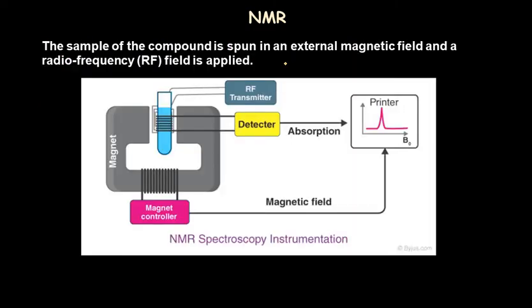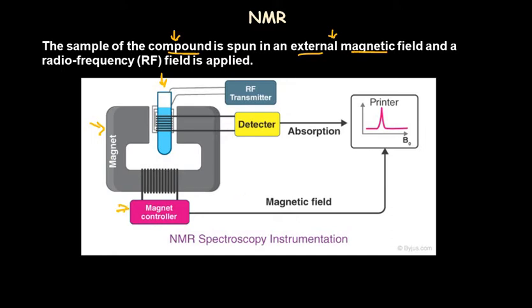Now, how do we analyze a compound with the NMR technique? The first thing is that the sample of the compound is spun in an external magnetic field. So some kind of external magnetic field is applied on the compound. Here we can see the picture of the NMR spectrometer, where a compound is taken in a tube and kept in between the external magnetic field.